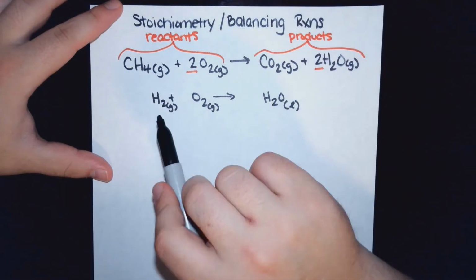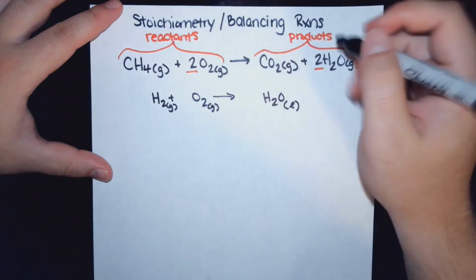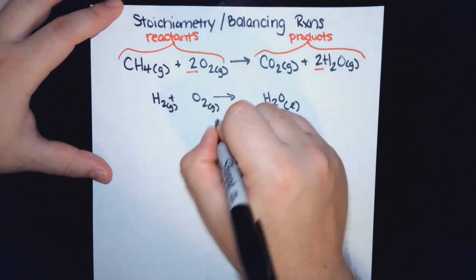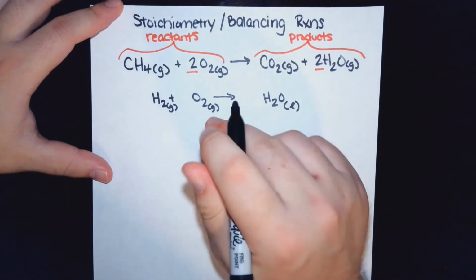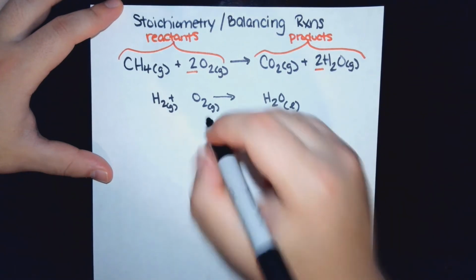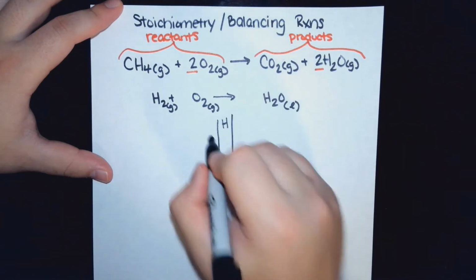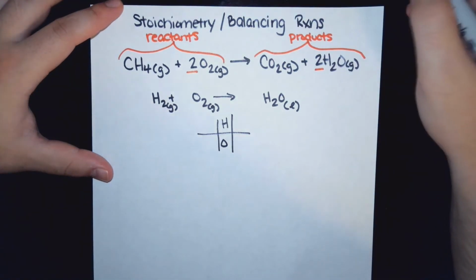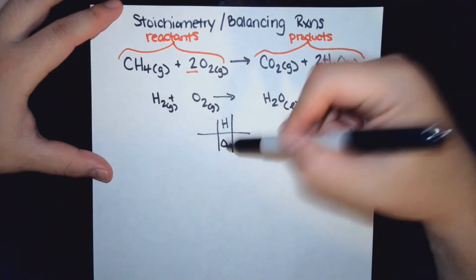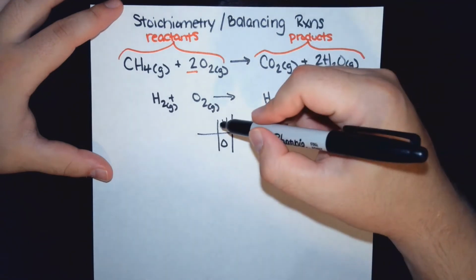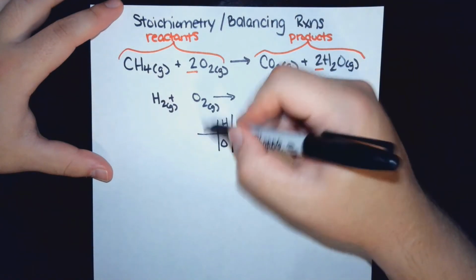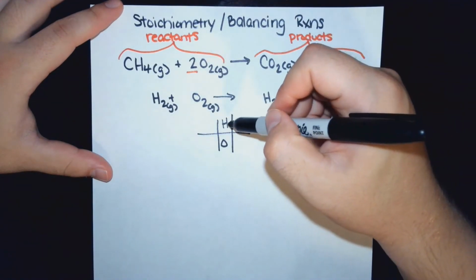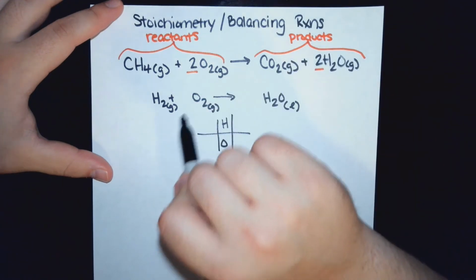So, in this case, we have hydrogens and oxygens, right? The best way to do it is I like to set up a little chart with 3 columns, 1, 2, 3. In the middle column, you just put every single type of atom that exists in the reaction equation. In this case, we just have hydrogen and oxygen. Now, on the left-hand column, you put the number of each of those atoms that exists on the reactant side of the equation.